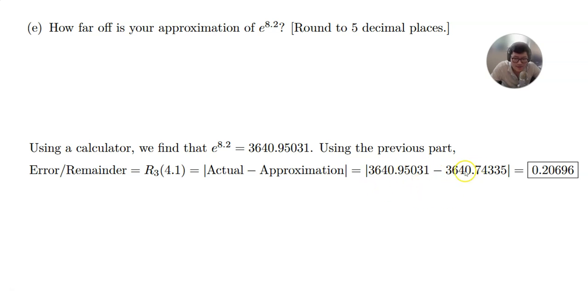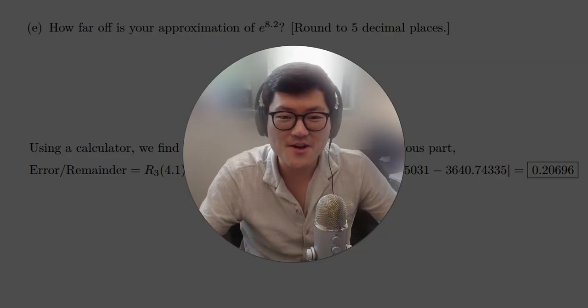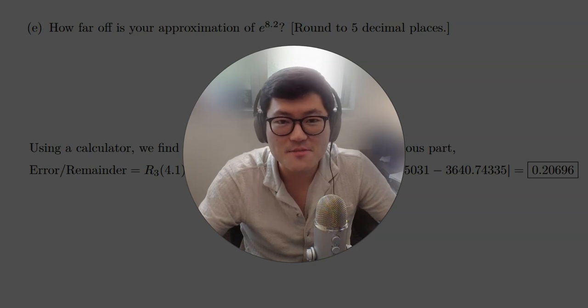If you subtract this and then take the absolute value, you end up getting that the amount that we're off, or the error, or the remainder, is 0.20696.